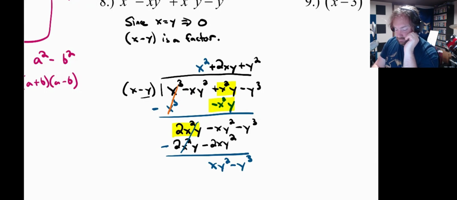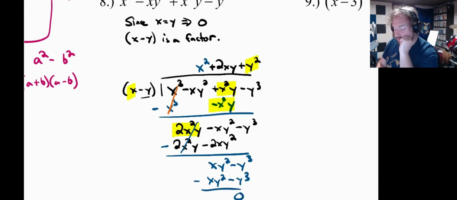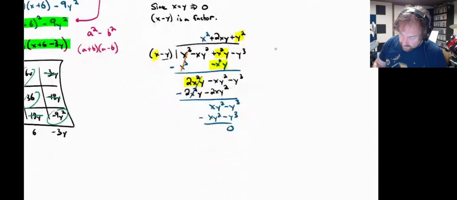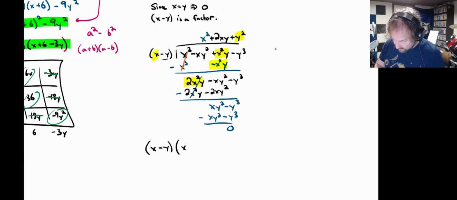That will do it, because y squared times x is the xy squared that I need. And then y squared times negative y is minus y to the third, and it all goes away. It's 0. There we go. So, all of that said, here's what our original factorization tells us. This is x minus y times x squared plus 2xy plus y squared up there. Pretty cool.